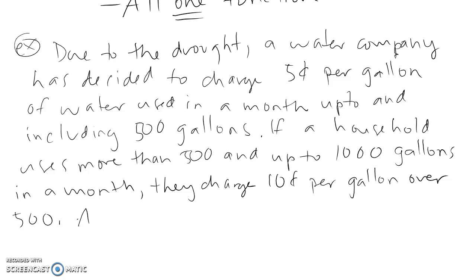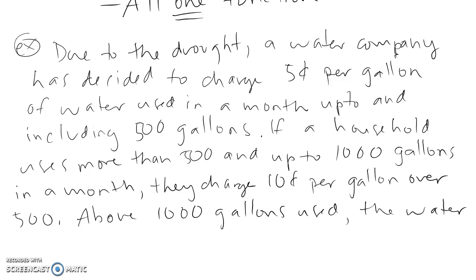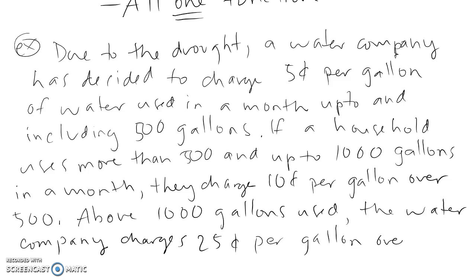Then, above 1,000 gallons used in a month, the water company charges 25 cents. The charge goes way up per gallon just for those gallons over 1,000.